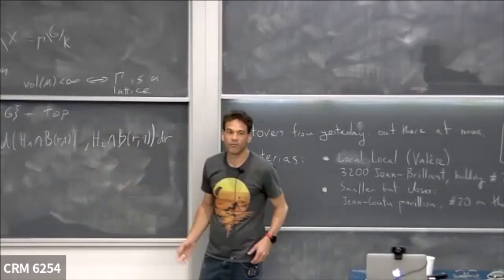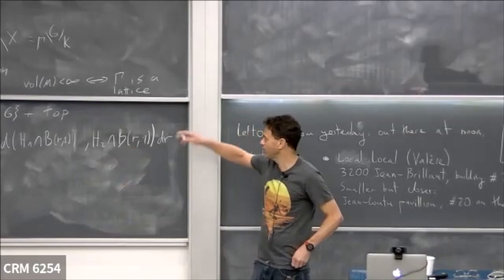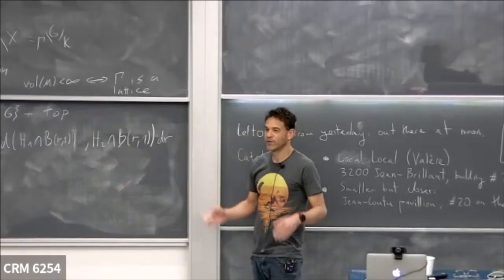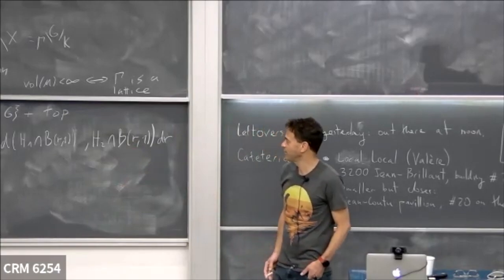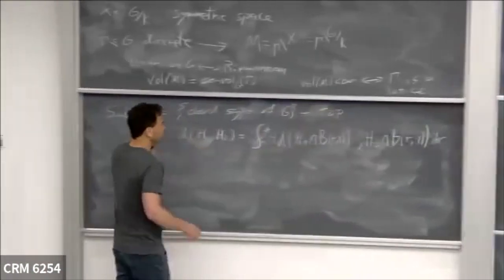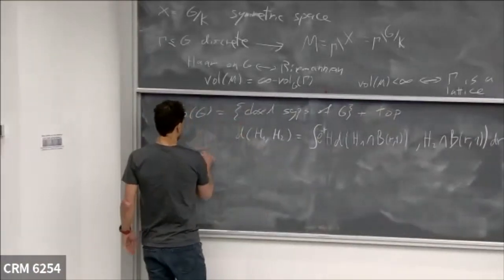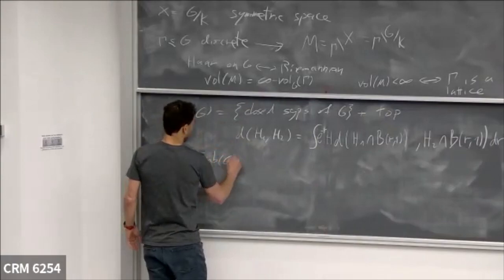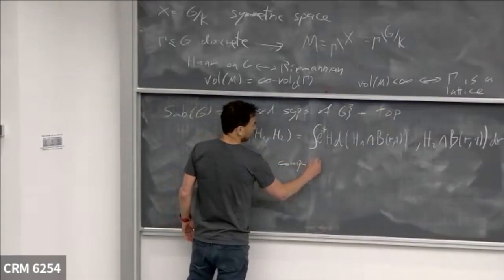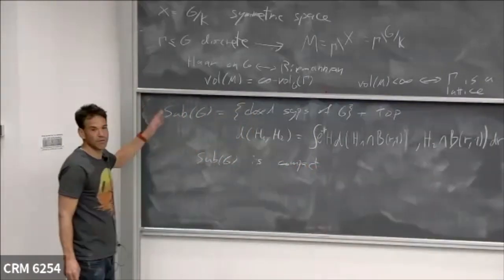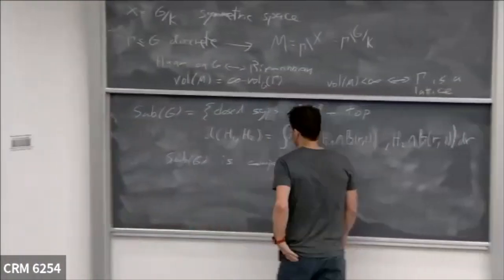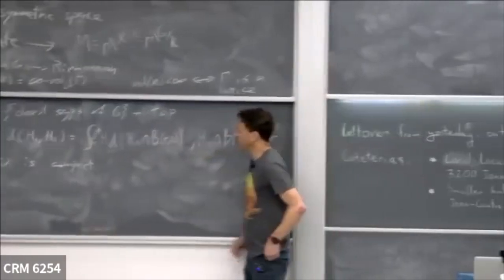So basically, two groups are close to each other if, when you look at a large ball in G, they are very close as sets in the Hausdorff distance. So that's a metric, and then this space Sub(G) is compact. This is quite general. Whenever G is a locally compact group, you can define this space, and this will be a compact metrizable space.